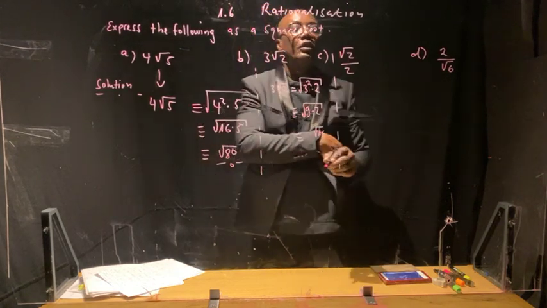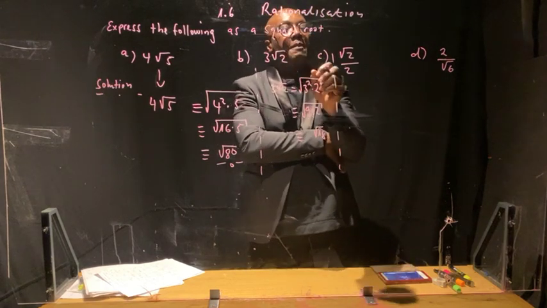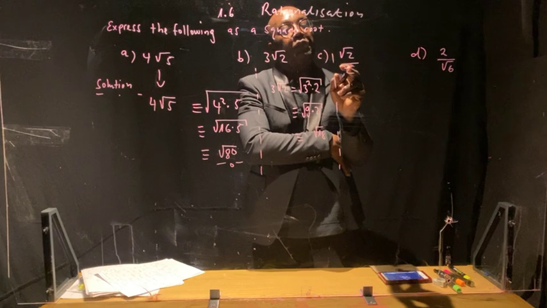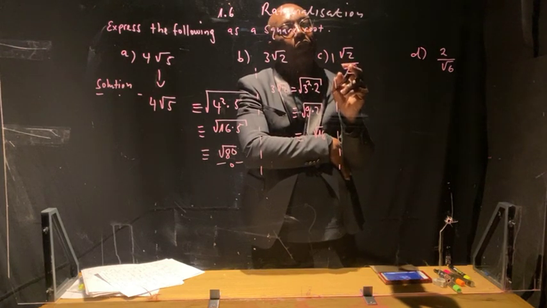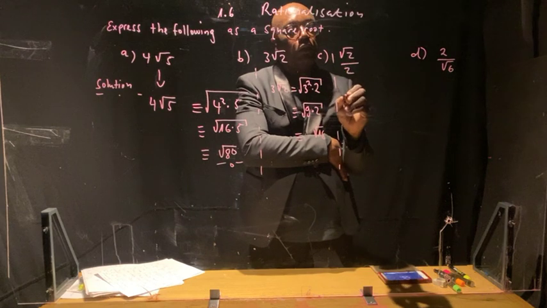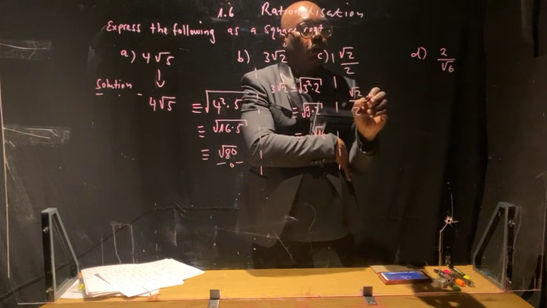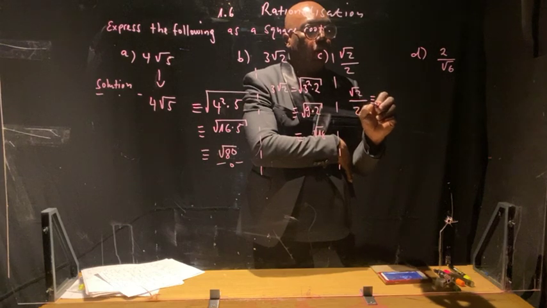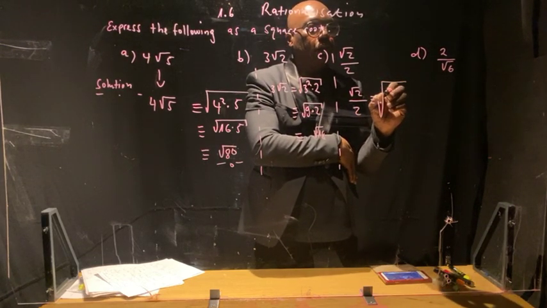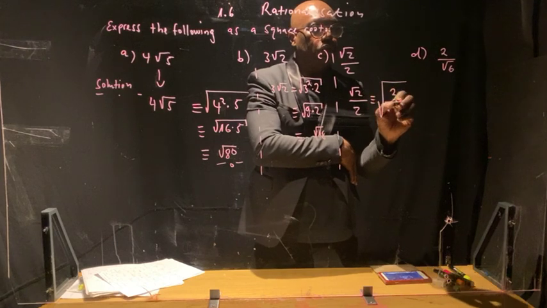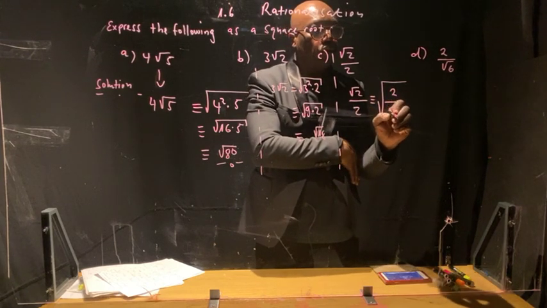Then I come to this one. To push this one inside the square root, I should still square it. So root 2 over 2 is no different from pushing that 2 inside the square root. It becomes 2 over 2 squared.